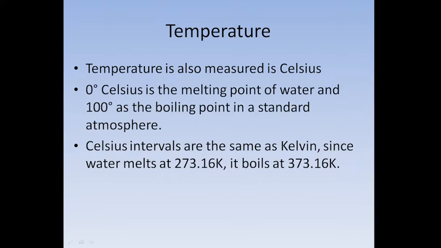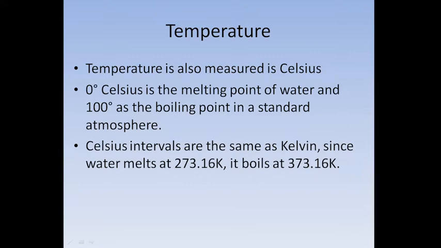Actually, cars measure manifold atmospheric pressure so it can determine how much fuel to put into that system based on the pressure in the manifold. So Celsius intervals are the same as Kelvin. We said that just a minute ago. Since water melts at 273.16 degrees, it boils at 373.16 degrees. 100 degrees difference.